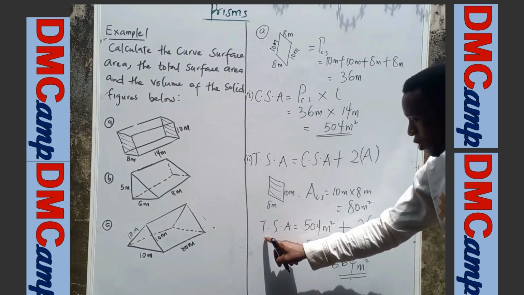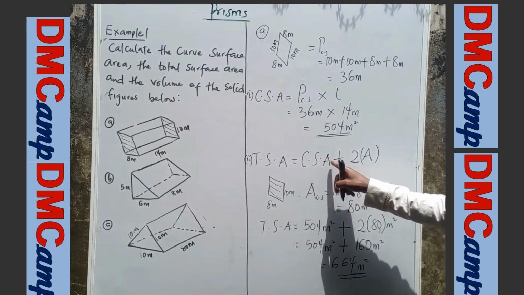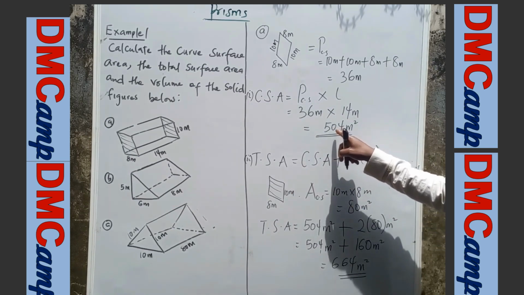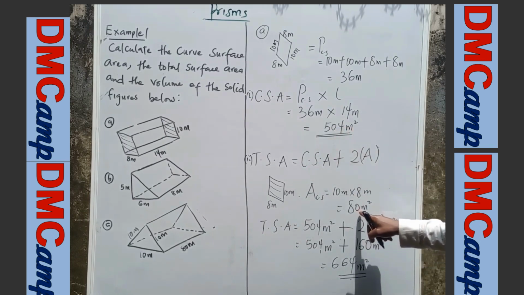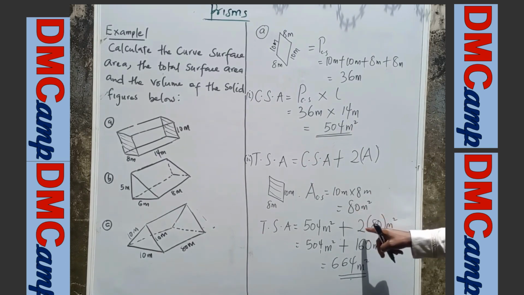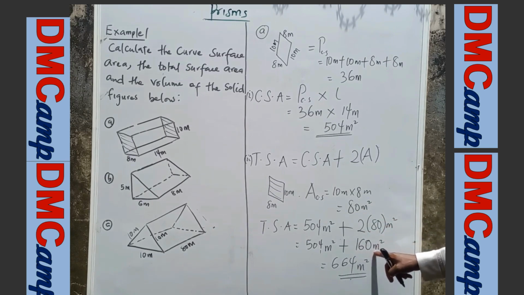And the total surface area is the curved surface area, which we've gotten to be 504 meter square, plus the two of the cross section. So here you are going to have 2 multiplied by 80, which is 160. If you add the two together, you are going to have 664 meter square.